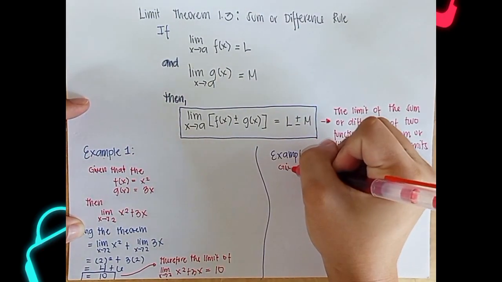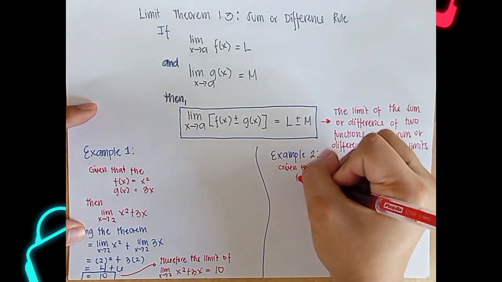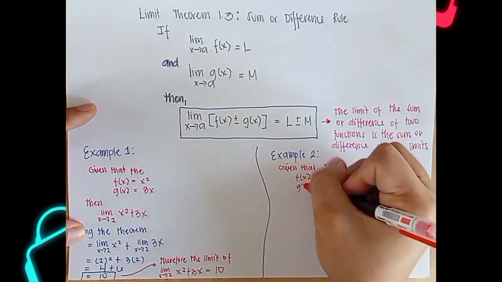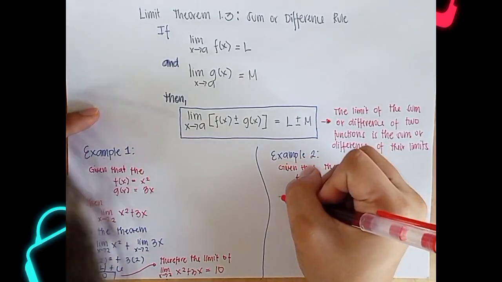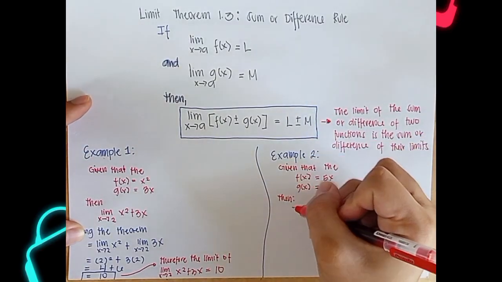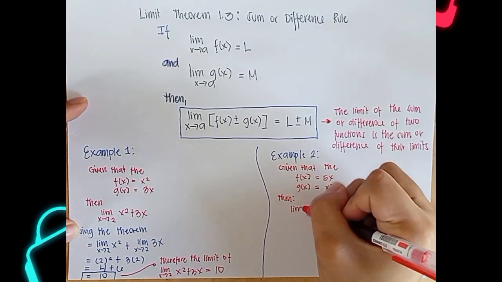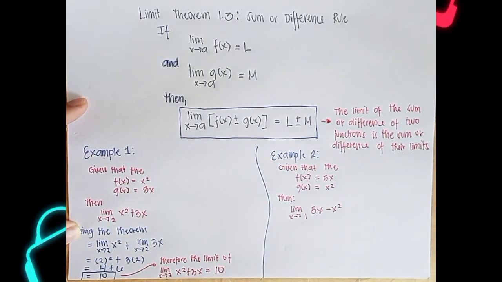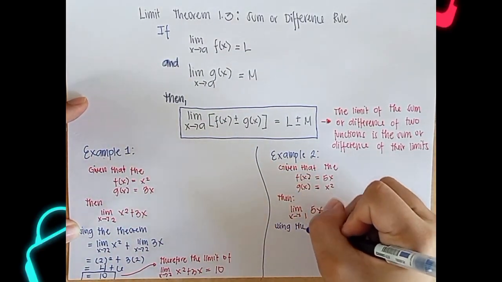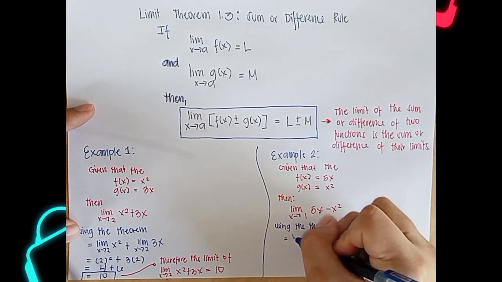So let's have another example, number 2. Given that f of x is equal to 5x and g of x is equal to x squared, find the limit as x approaches 1 of 5x minus x squared. Still using the theorem, the limit as x approaches 1 of 5x minus the limit as x approaches 1 of x squared.